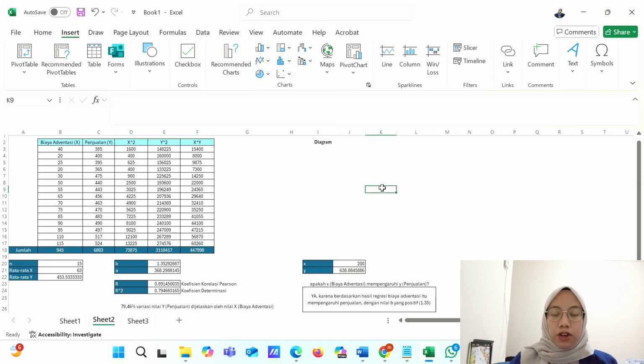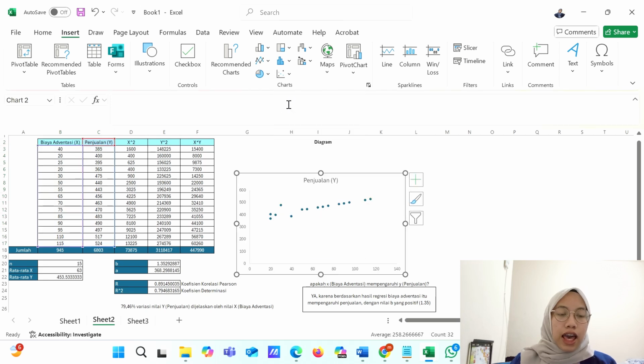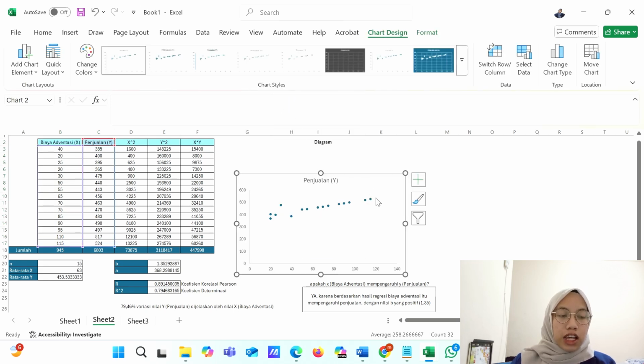Once we have done that, we can proceed to create the graph by blocking the x and y values. Then going to insert and selecting scatter chart.